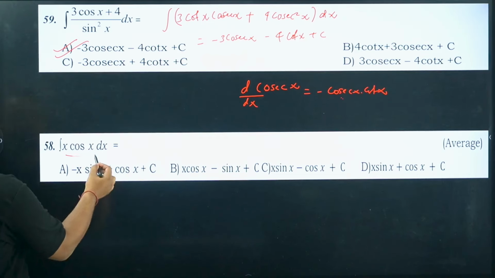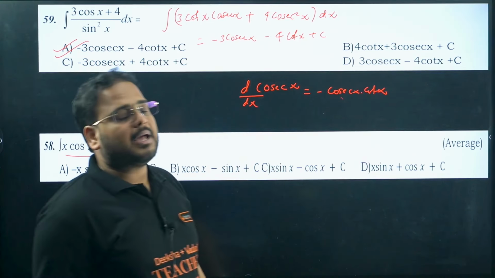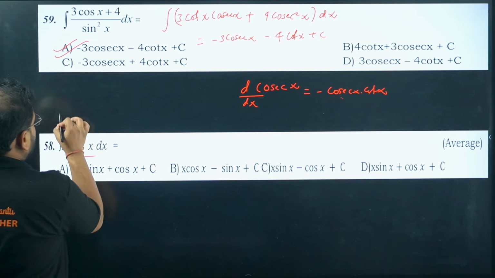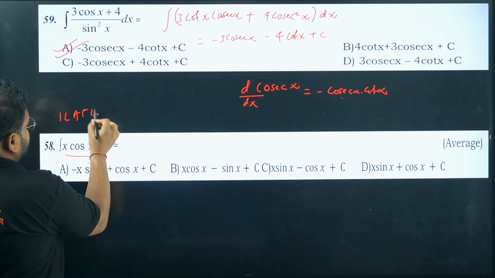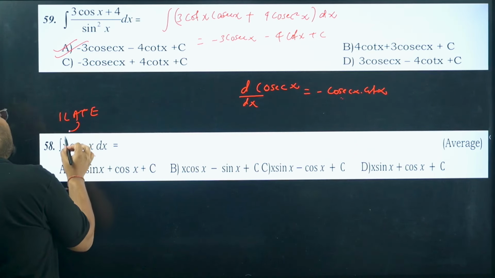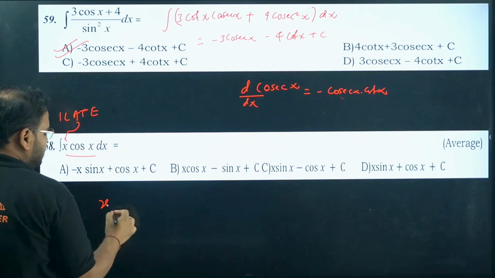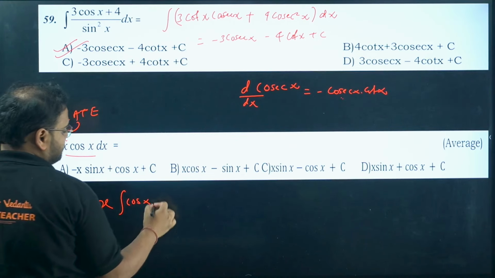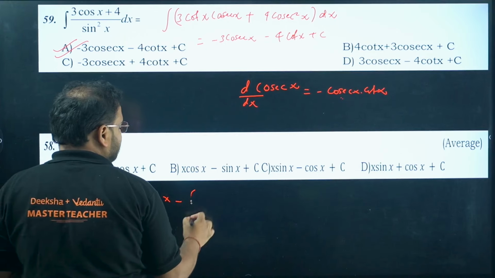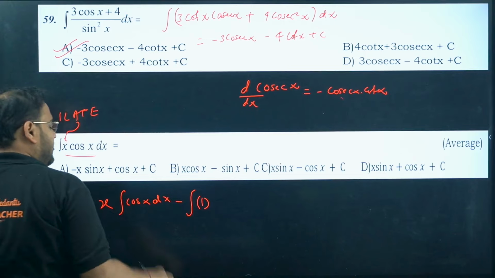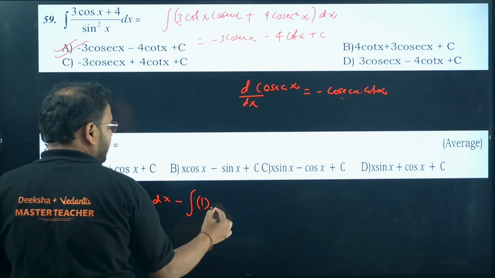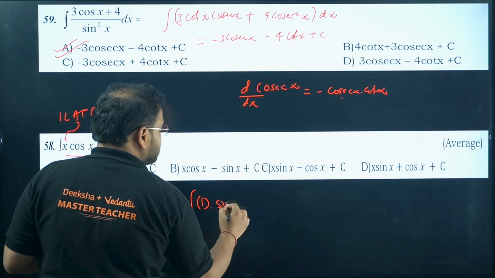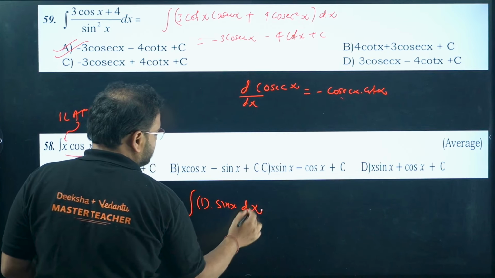x cos x, a question on by parts. ILATE we all know. Let's apply ILATE. Preference given to the algebra is x. So x as it is, integrate cos x, comes a minus sign, differentiate x, you'll have 1, and integrate cos, you'll have sin x, one more time integration, so dx.